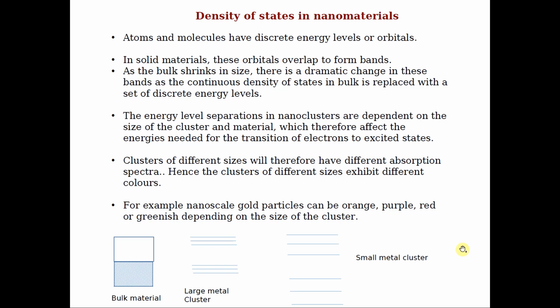When you reduce the size of the gold material, energy levels become more discrete and the gaps between them also change. So the energy required for the transition also changes. If energy changes, the wavelength of the photon produced also changes. That is why the color changes when you reduce the size of the material.